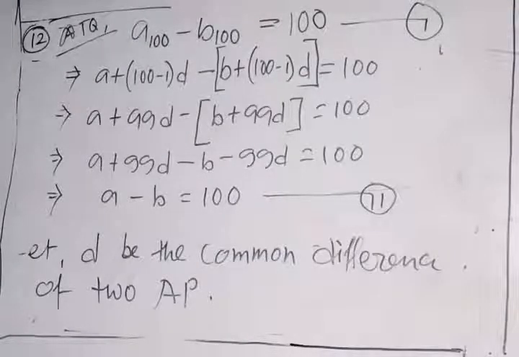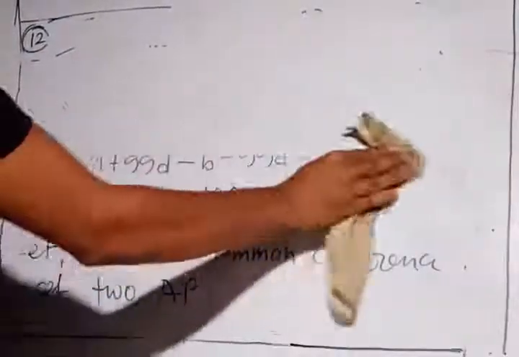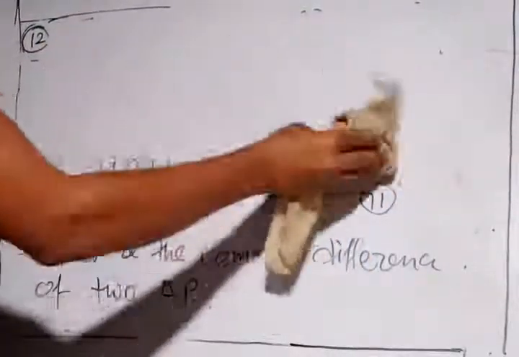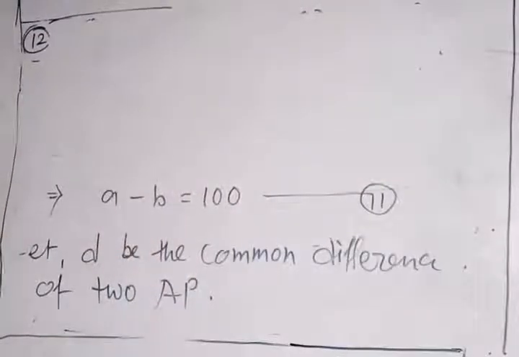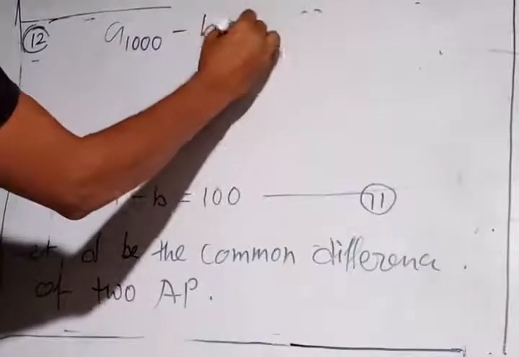Now, according to the question, we have to find out the difference between their 1000th term. So we need to find A1000 minus B1000.